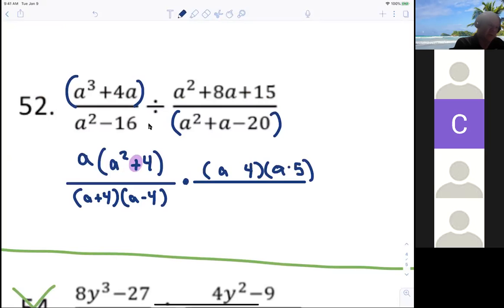So this becomes a plus 5, and this becomes a minus 4. Now we're looking at the numerator, which becomes the denominator. 2 sets of parentheses. a times a. And then factors of 15 that make 8 are 5 and 3. And they're both positive. Okay?